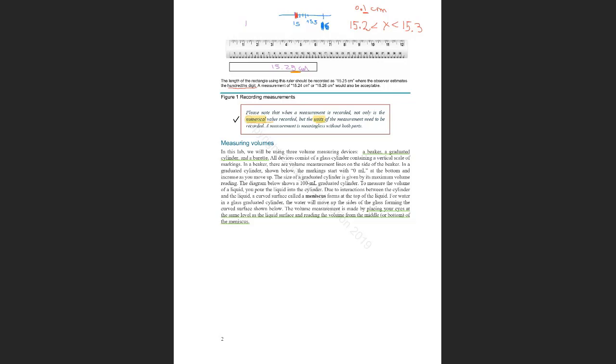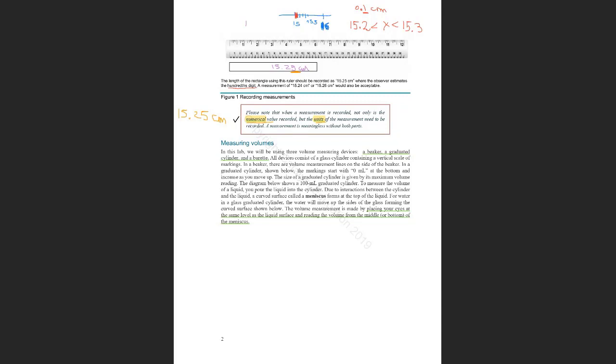So if I ask you what is the length of that rectangle, you will have to say, well, it's 15.25, but it's not math. You have to add centimeters, because it has no value if I ask you, what is the weight of your pet? And you tell me 60. I don't know if it's 60 pounds or 60 kilograms.